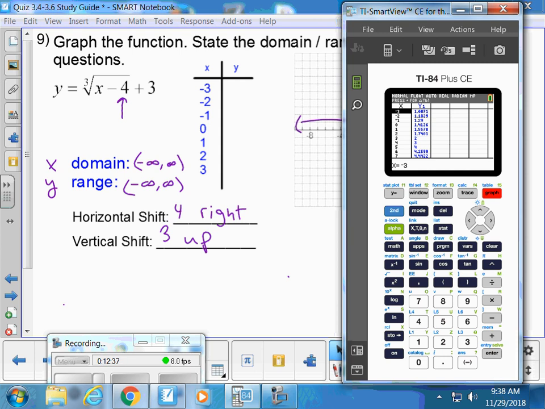So I'm just going to jot down these values. It looks like a 1.087, so let's go with 1.09.